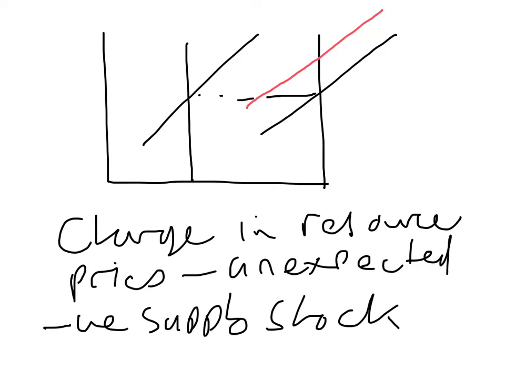So suddenly the price of petrol goes up. Okay, so the economy was here. It was intending to be here, but we've had some intervening news that the price of petrol has, say, doubled.